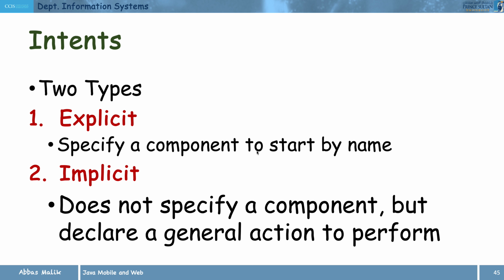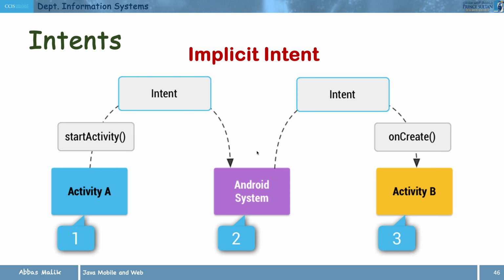Now we are telling a specific way to share, then we call it explicit. So with implicit, activity A sends an intent, the Android system receives it, and based on its knowledge about the applications already installed on the device, it says, okay, these are the four or five possible options which can help you perform that action.